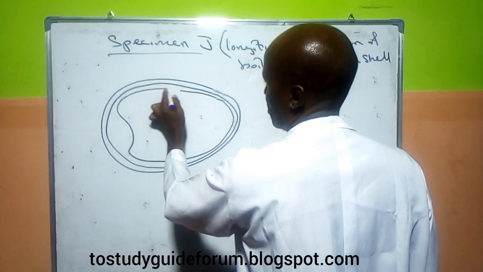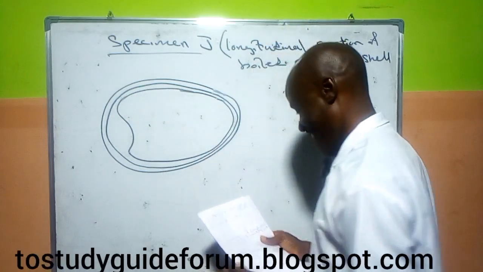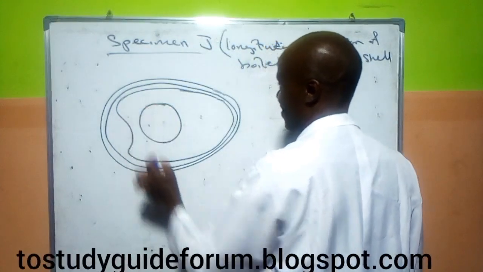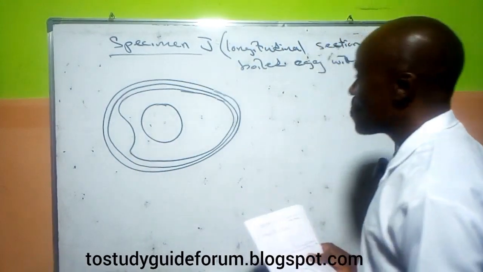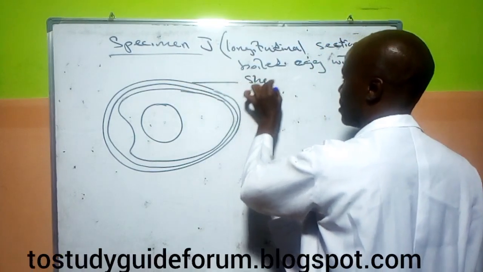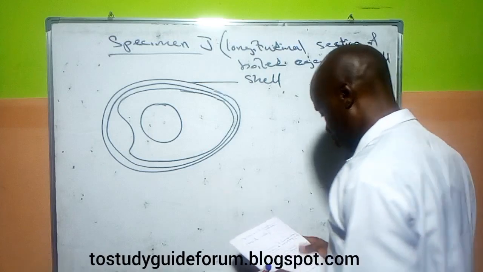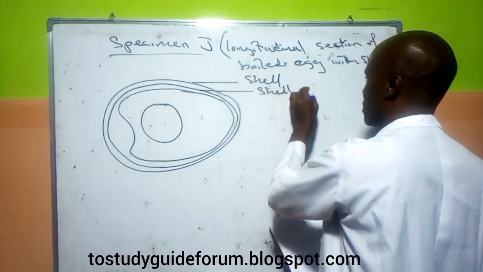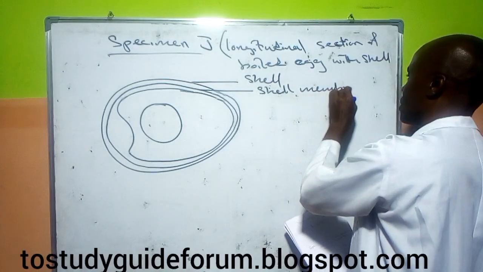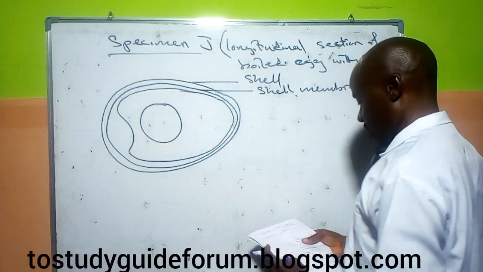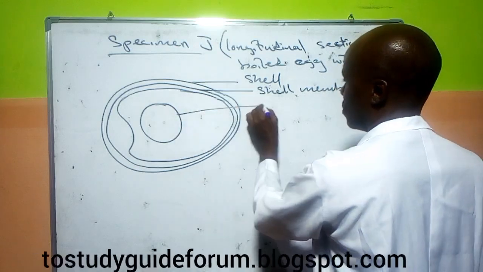My drawing is wonderful. This is the yolk. Now remember the shell is intact. Then this place is the shell. And then after the shell, you have what we call the shell membrane. And then the next one we have there, I have the yolk. This is the yolk.